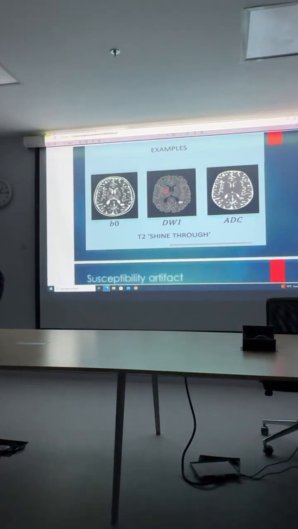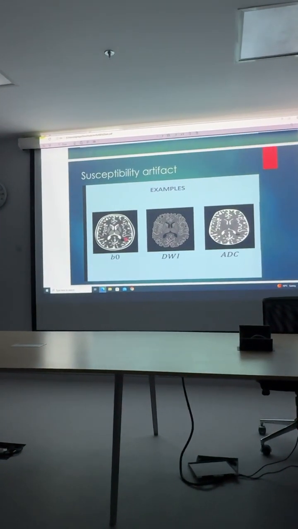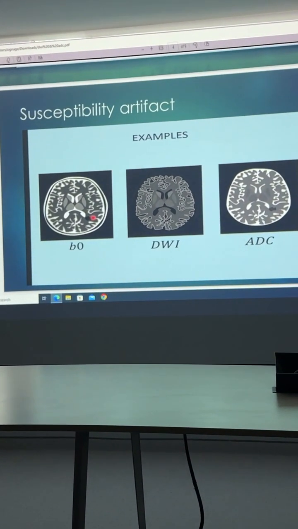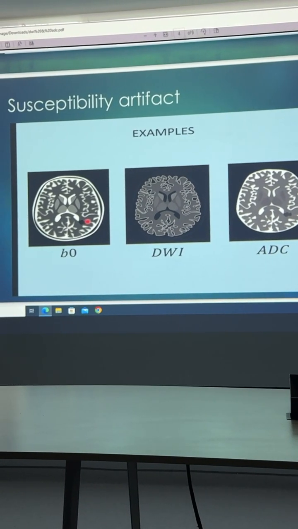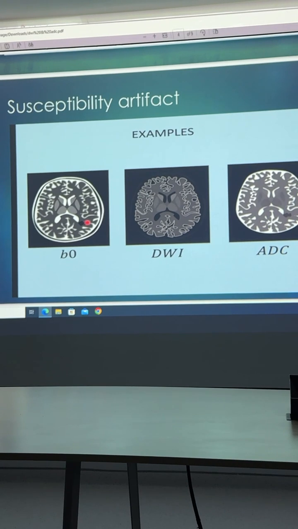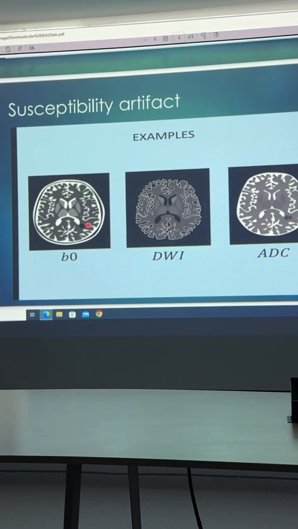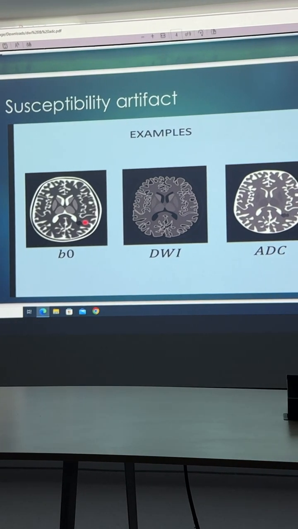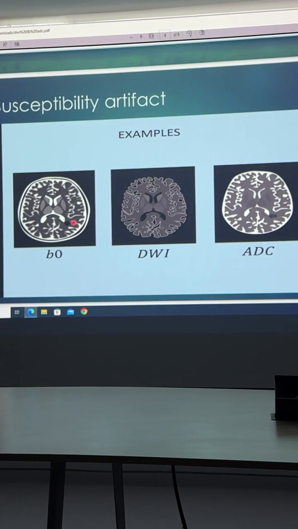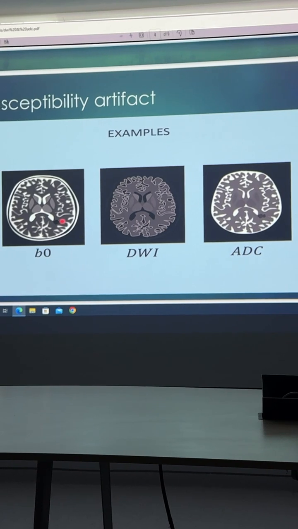The third scenario is less common and is consistent with artifact. We say this is due to artifact rather than other pathology when the DW image shows no abnormal signal, while the B0 and the ADC show a dark signal. Why does this happen?